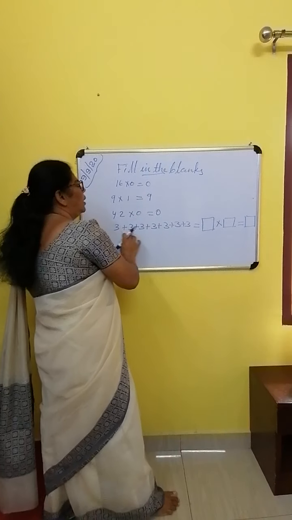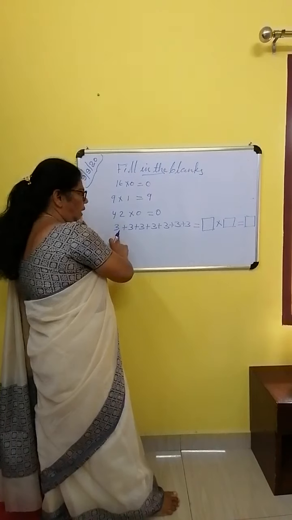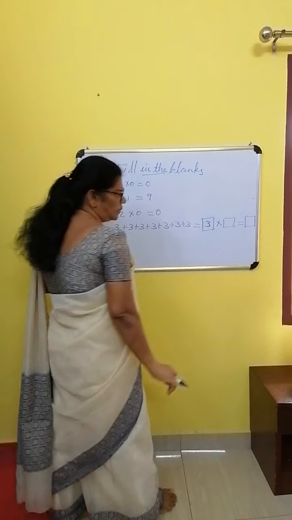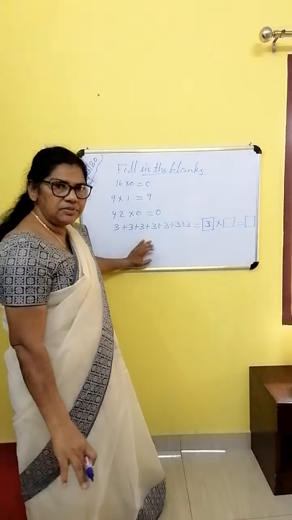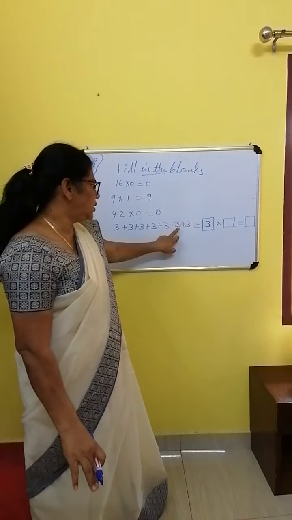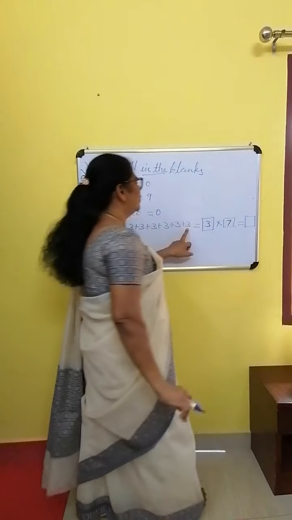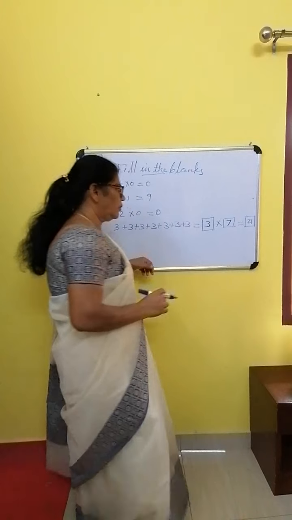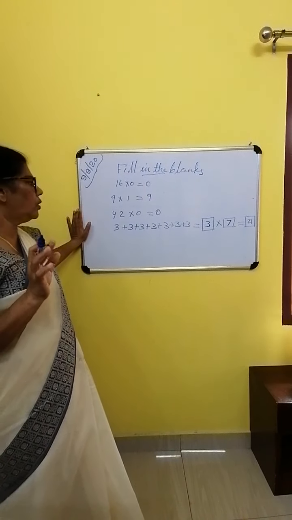See, the number is 3, so write 3 in the first column. Whatever number is given, write that number in the first column. Then how many times is it repeated? 1, 2, 3, 4, 5, 6, 7. Then 3 sevens are 21. If you write 7 into 3, it is wrong. Don't write like that.